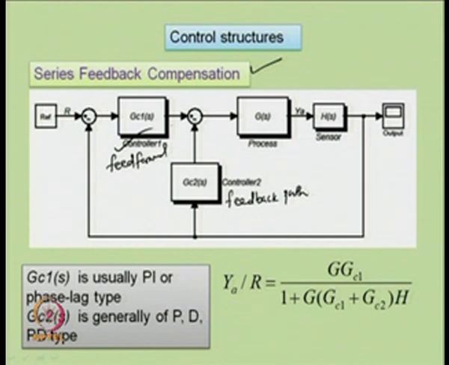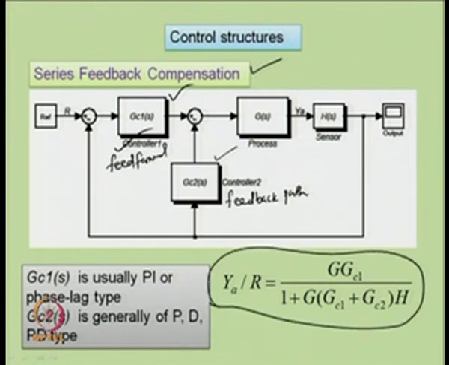Now, G C1 is usually a PI or phase lag type of controller, and G C2 is generally a proportional derivative type of controller. The closed loop transfer function with respect to the reference input can be given by the expression G G C1 s upon 1 plus G (G C1 plus G C2 combined) s.